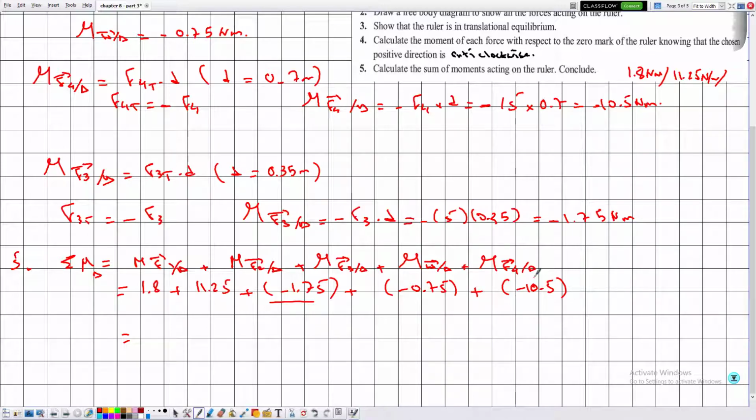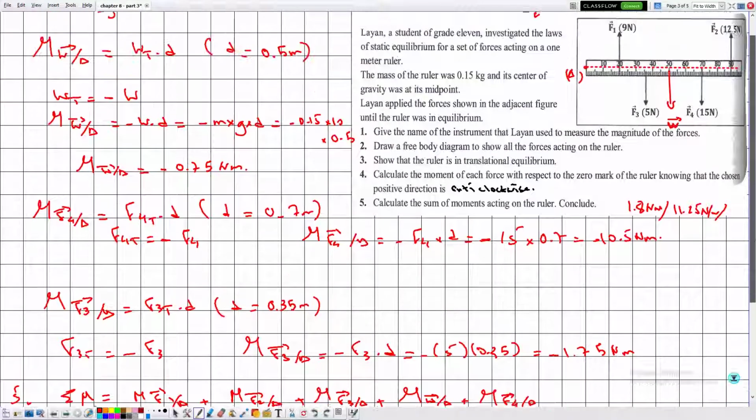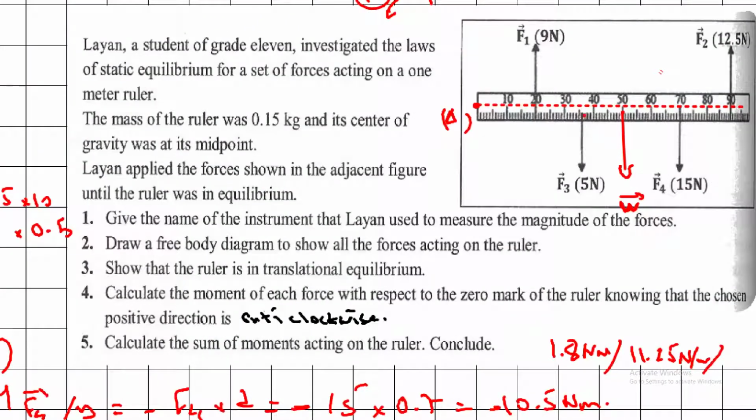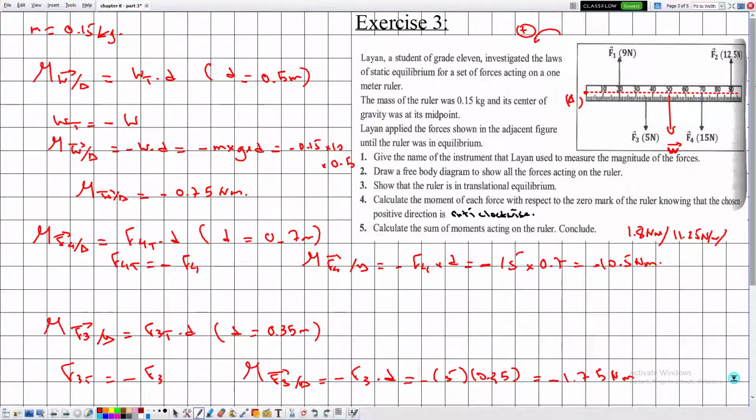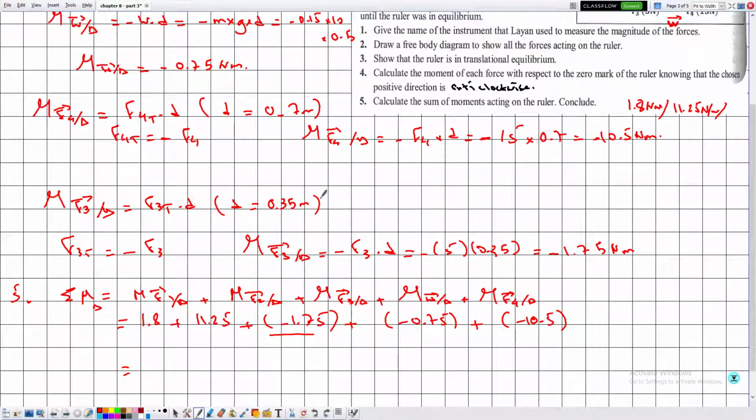So 0.05. So yes, as expected, notice that the weight is exactly lying on 36, so this must be changed to 36, and this is 36. This eventually will be 1.8, and now let's try this again.